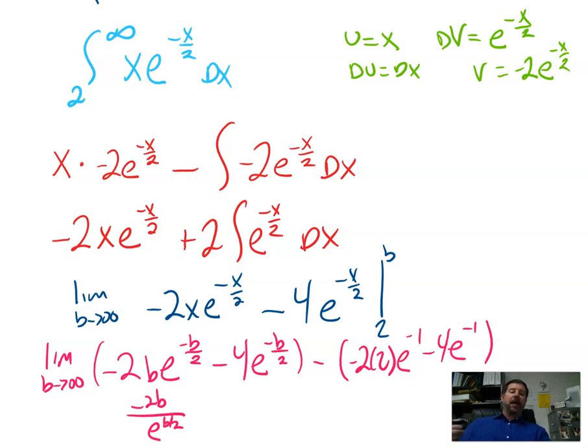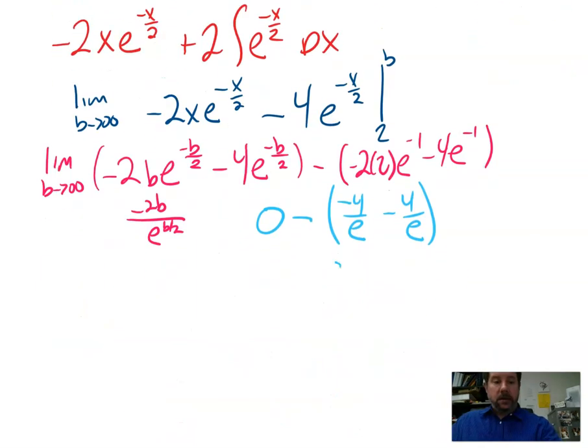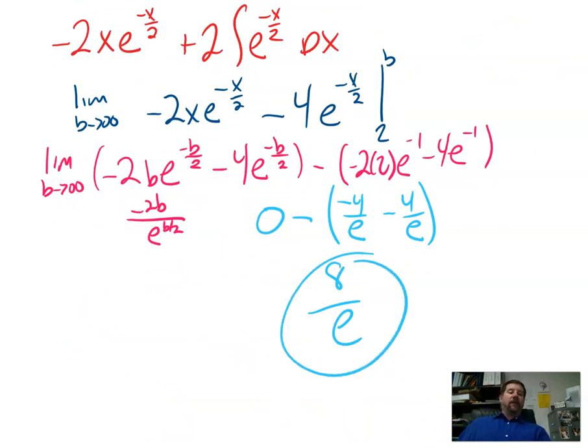Here you could apply L'Hopital's, or we have talked about how exponentials grow faster than polynomials, so I know that this is also going to go to 0. Bottom line is both those terms go to 0, and when I evaluate the back, I get minus negative 4 over e, minus 4 over e. So this is going to converge at 8 over e. So, again, that integral converges.